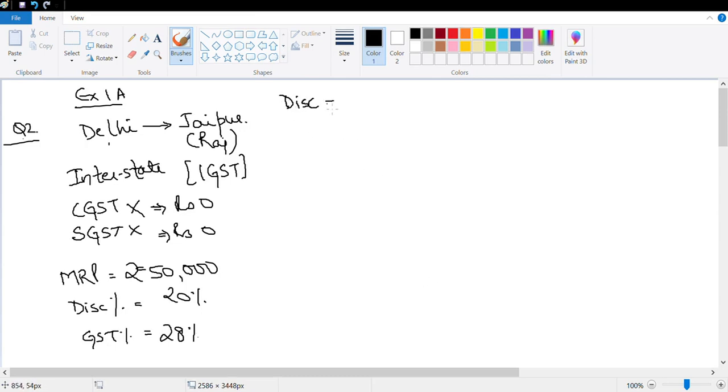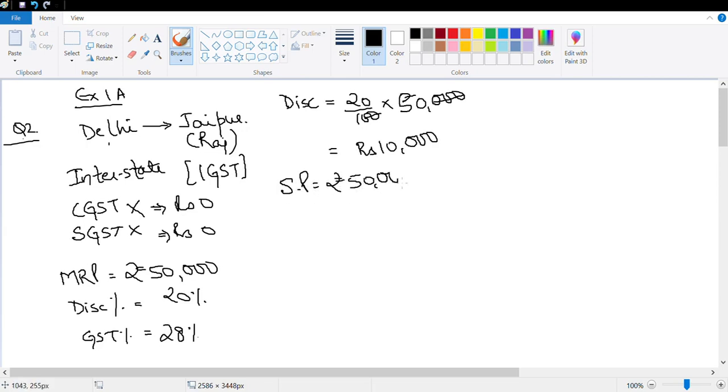So the discount will be 20% of what? 20% of the MRP, which is 20% of 50,000. That's 500 into 20, that's 10,000. So that's rupees 10,000 discount. That's a lot of discount. What is the selling price? Selling price will be rupees 50,000 minus rupees 10,000, which is equal to rupees 40,000. Perfect.